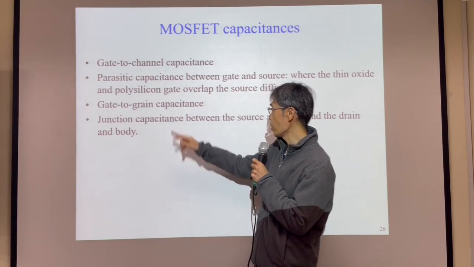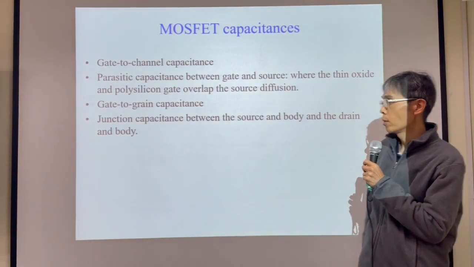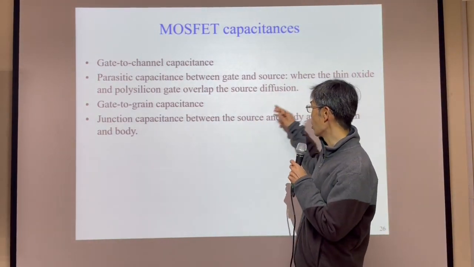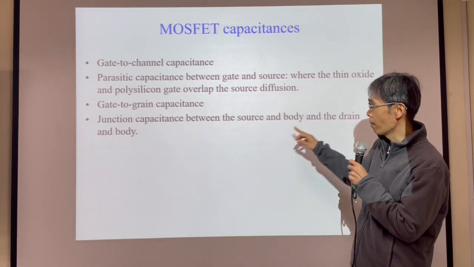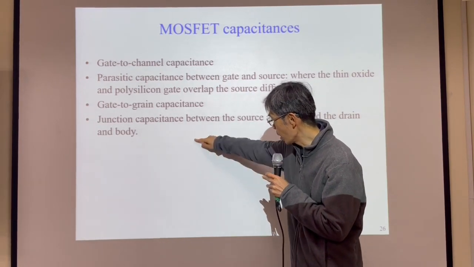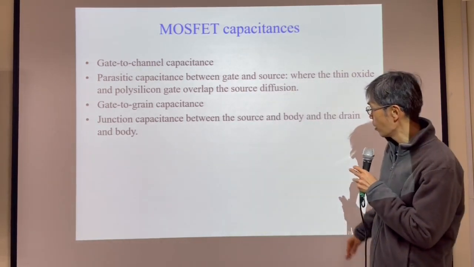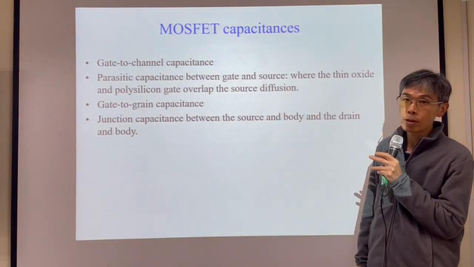And the junction capacitance between the source and the body, and the drain and the body. Between source and body, we have a junction capacitance. Drain and body, we have another junction capacitance.